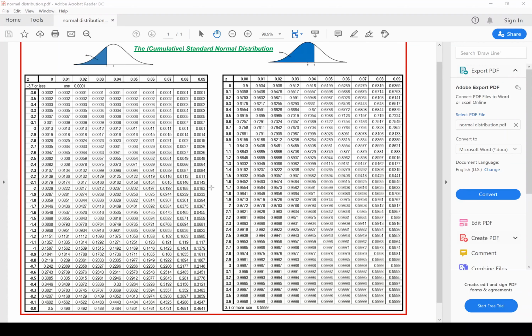So we go all the way down to 2.5, this is my 2.5 row, and I go to the sixth item, which is 0.06, the 100th place. As you can see, this is the answer I'm looking for. Let me zoom in.